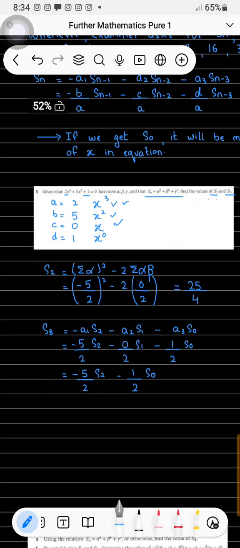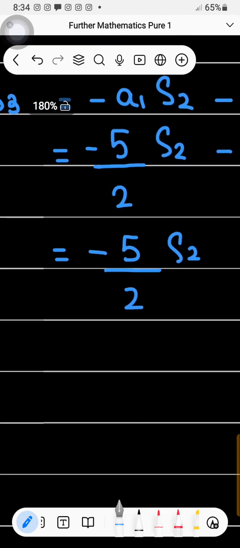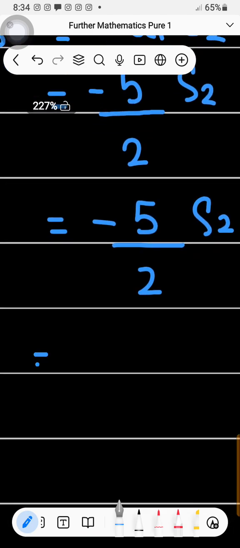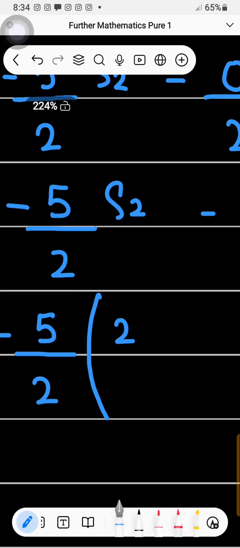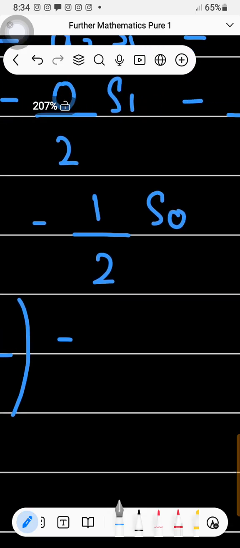Okay, so we know S2, we had found out S2 as 25 upon 4. Now we will add negative 5 upon 2 times 25 upon 4 minus 1 upon 2 times S0.